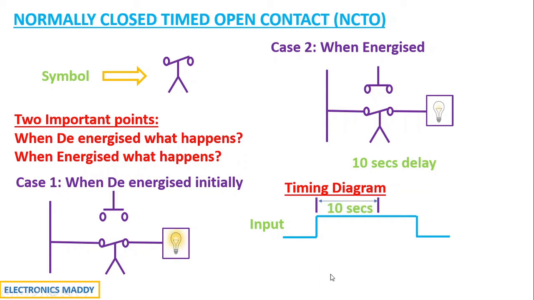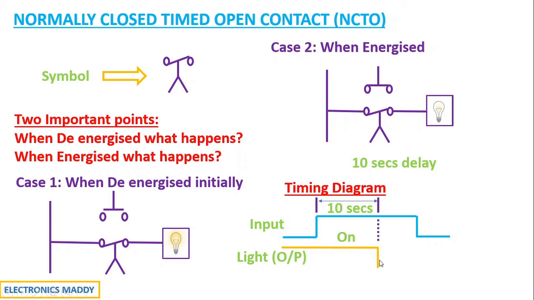Now with respect to output, initially the output will be high because the light was glowing up to this point. After this point, it is energized and it takes the time delay of 10 seconds. So up to 10 seconds it will still be on. After 10 seconds, what happens? The light does not glow because it acts as open circuit, and this behaves like an open contact at that point in time.